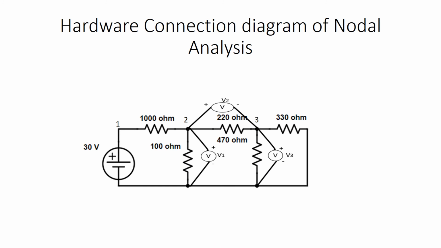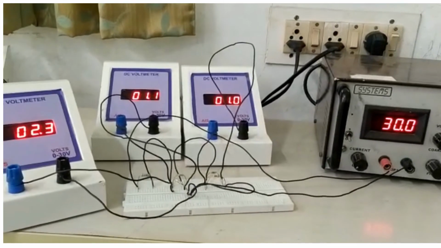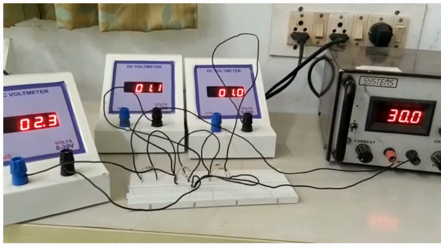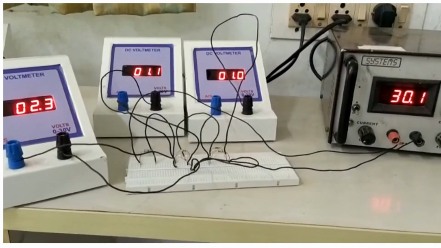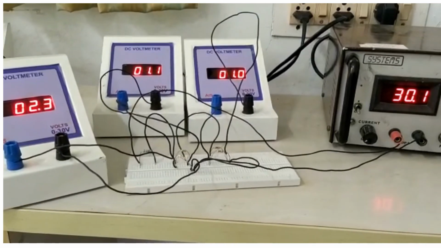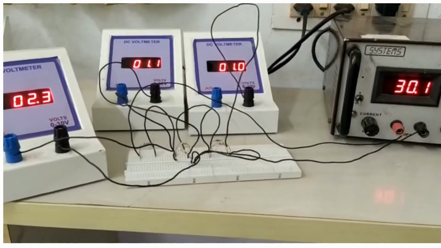In nodal analysis, we will be finding the node voltages. In order to find the voltages, we will be connecting the voltmeter in parallel with the resistors. This is the hardware setup to find the node voltages. The voltmeters are connected in parallel. Here we are going to find these node voltages.